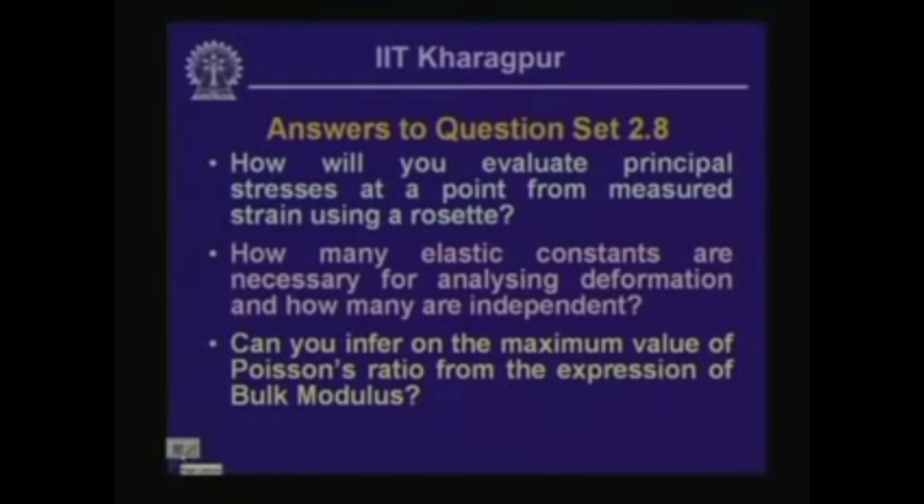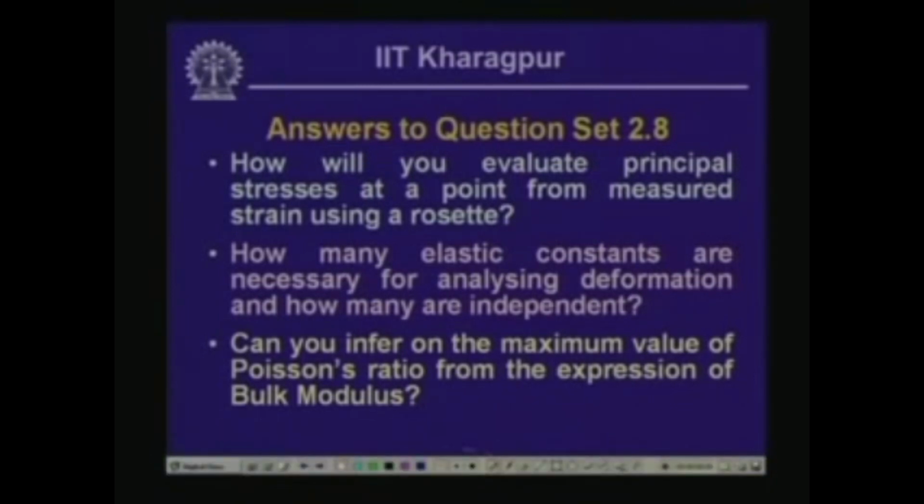Well, let us look into the answers to the questions which I had posed last time. The first question is, how will you evaluate principal stresses at a point from measured strain using a rosette? As I was telling you, when we try to measure stress at a point, we cannot directly measure the stress.